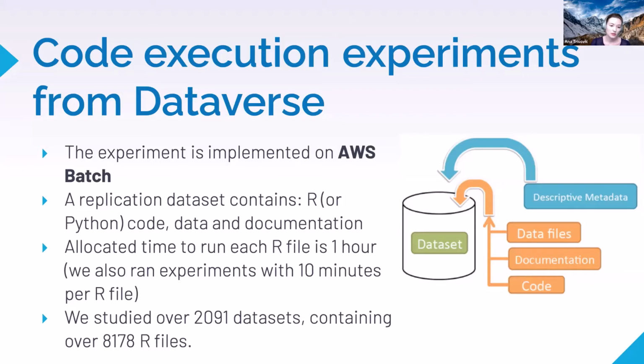So in particular, the allocated time to rerun each R file is 1 hour. Though we also ran experiments with 10 minutes per R file or some other time. And we studied over 2,000 data sets containing over 8,000 R files.